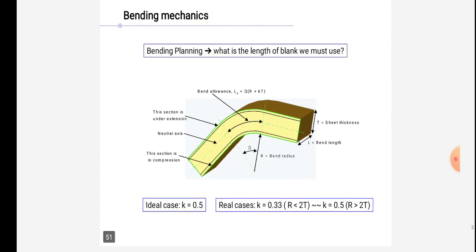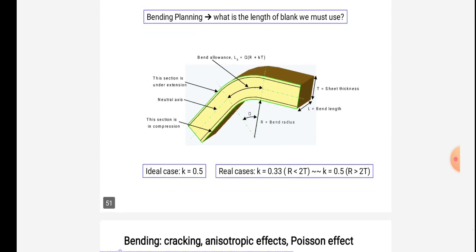Bending mechanics. Bending planning: what is the length of the blank we must use? This is shown in the figure. Bend allowance is given by the formula LB = α(R + KT), where this section is under extension, the neutral axis, and this section is in compression.